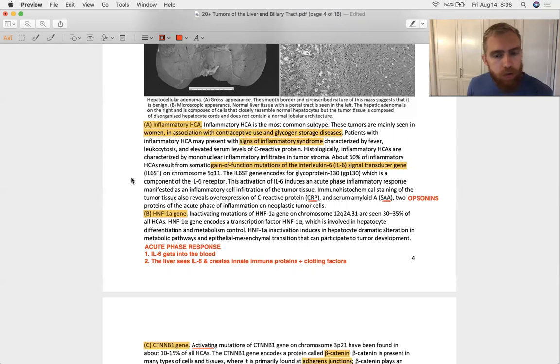The liver also makes complement proteins, and the complement system is your innate immune system, right? So when IL-6 rings the liver's doorbell and says, hey, we've got a problem somewhere, the liver says, all right, I'll make a lot more complement: C1, C2, C3, C4, C5, right?